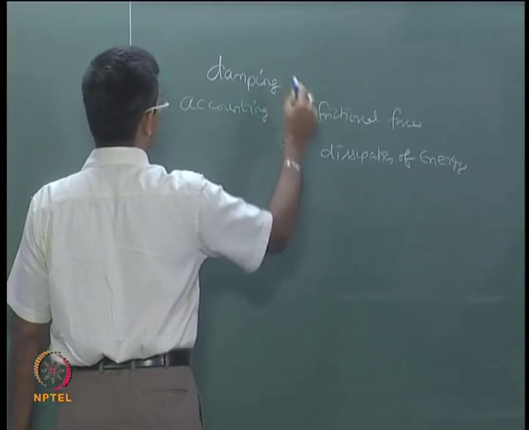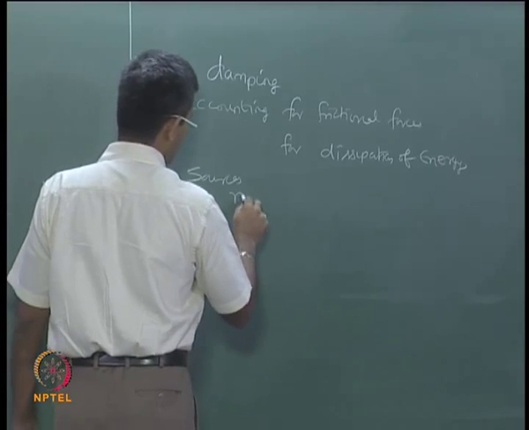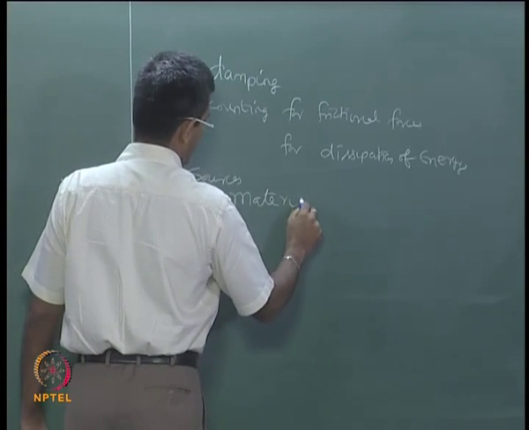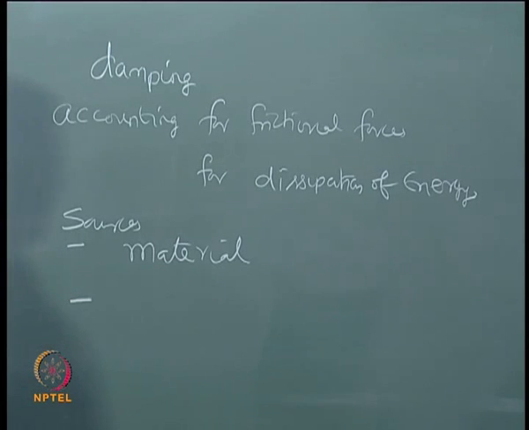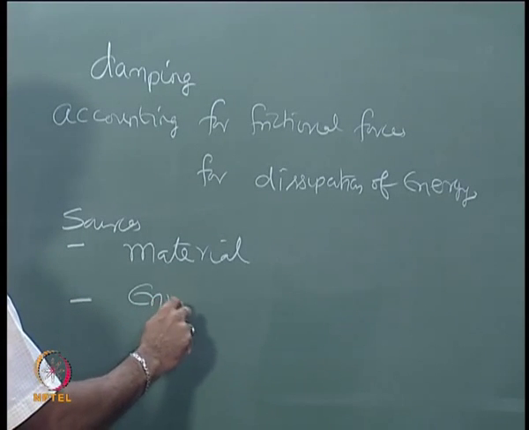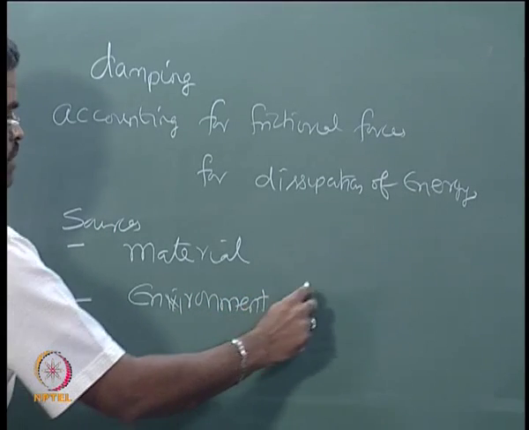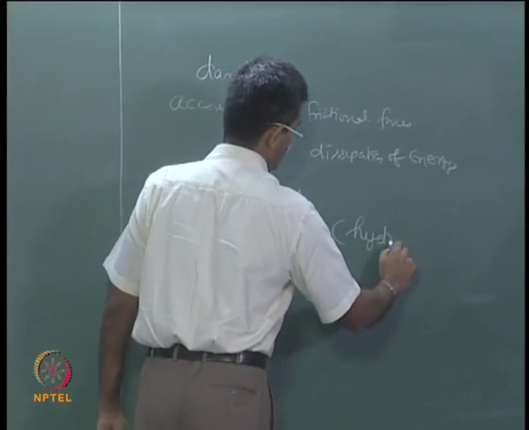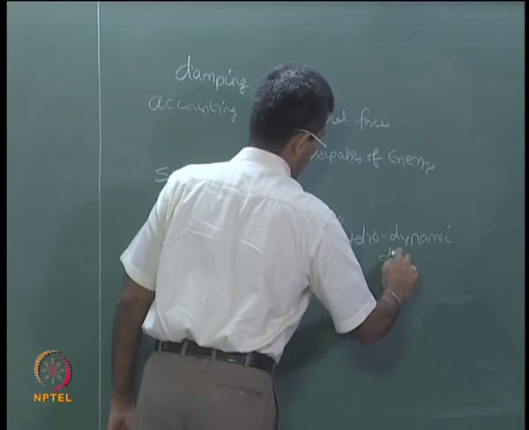Damping can come from the sources. It can come from the material degradation or material loss. It can also come from the environment. For example, in our case hydrodynamic damping and so on.